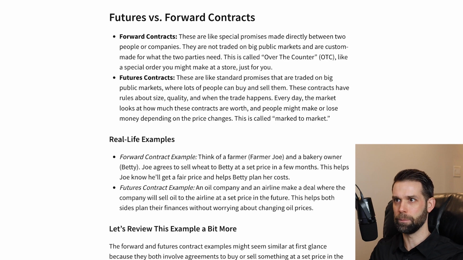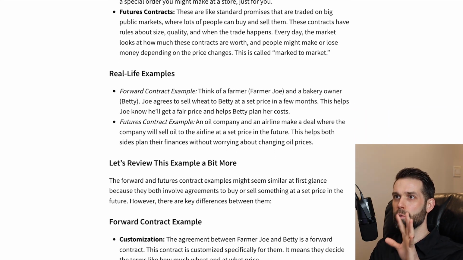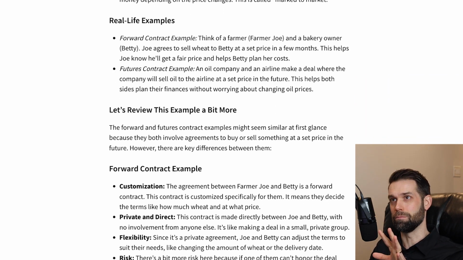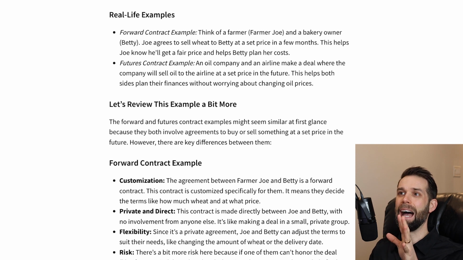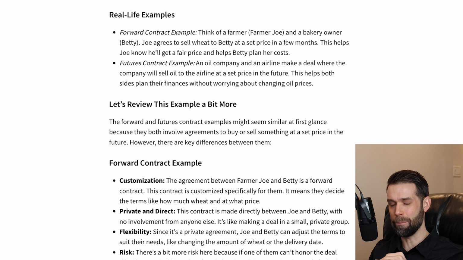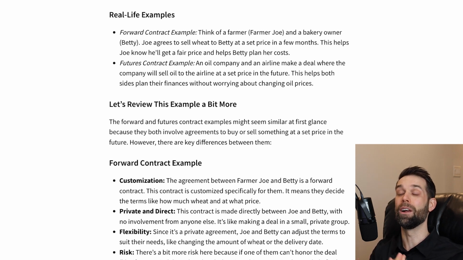So we're going to do a few real life examples, so to speak. I'm going to read them here, and they're going to sound very much the same, but when we dive into some of the specifics, we'll get a clearer understanding of the difference between these forward and futures contracts. Forward contract example: let's think of a farmer, we'll call him Farmer Joe, and a bakery owner, we'll call her Betty.